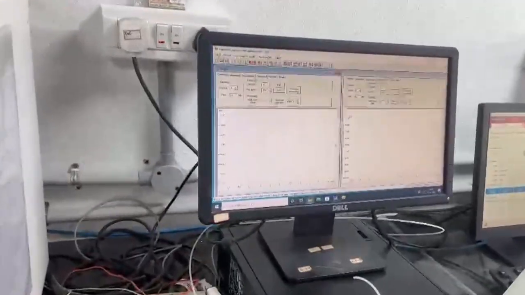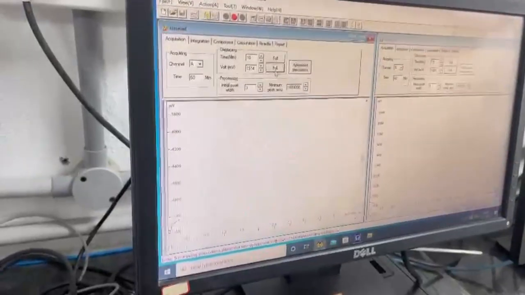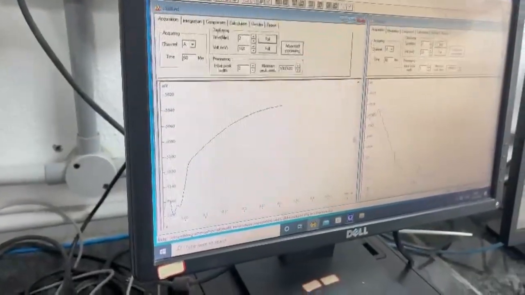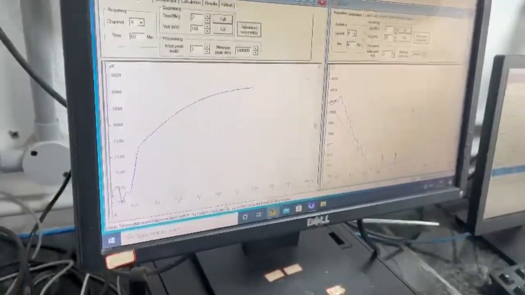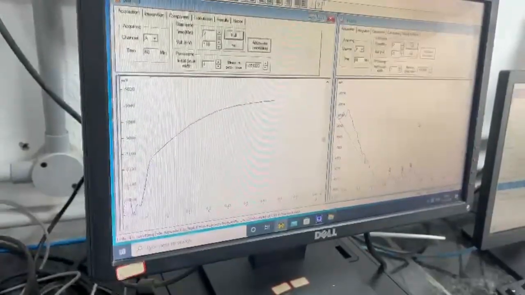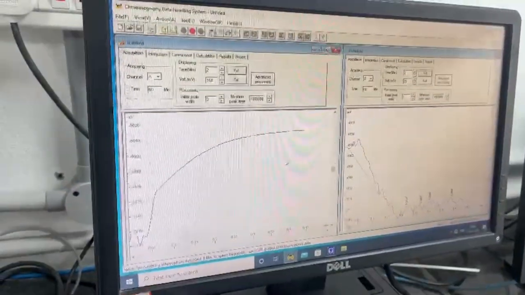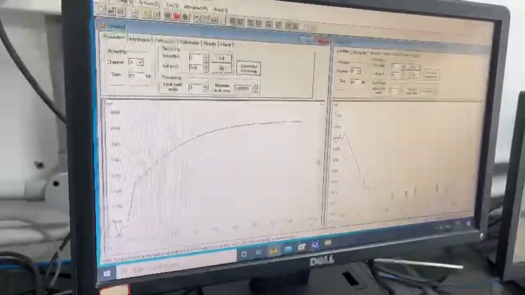Here in channel A and channel B, the acquisition has been started and the peaks start appearing. Since we have injected a known volume of the standard gas, we can see the peaks at the proper retention time.